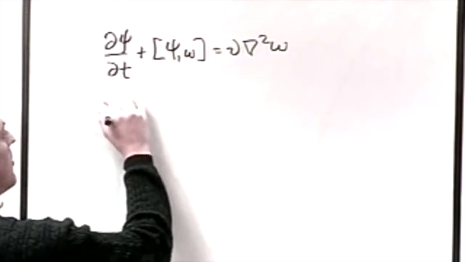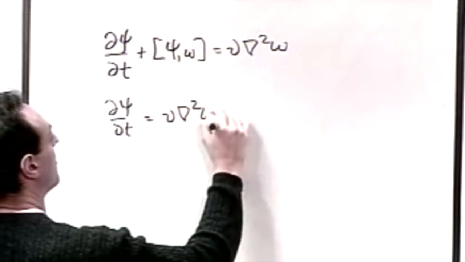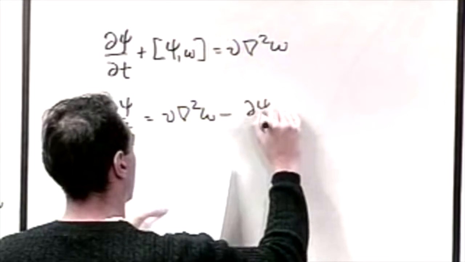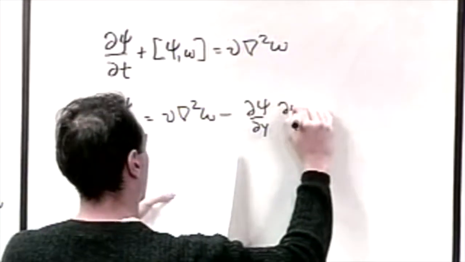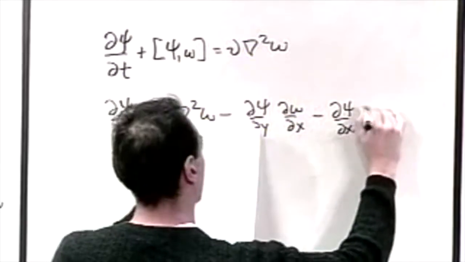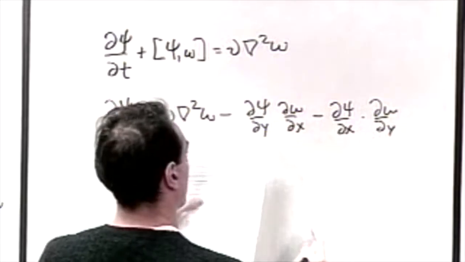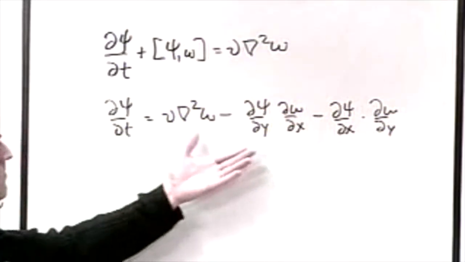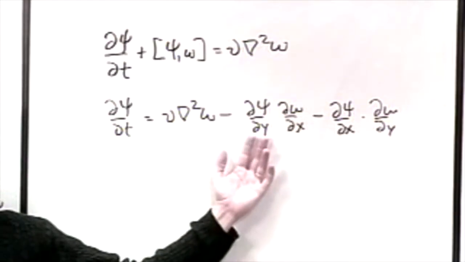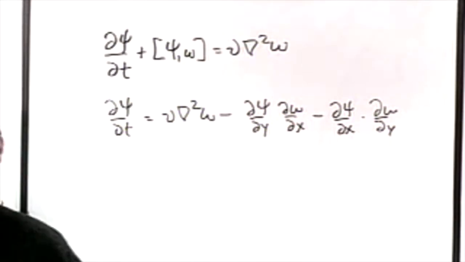If I rewrite this, I'm going to move this to the other side, this simply becomes that. But what do we know about derivatives? I can just use my central difference formulas, right? So you can do this whole thing that we just did previously.